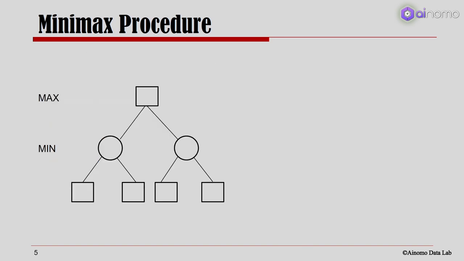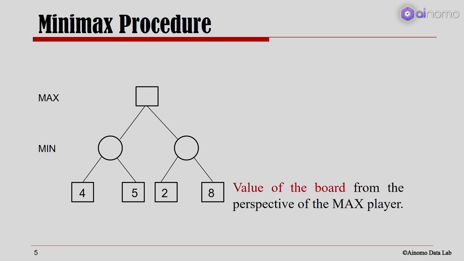So let us take a portion of a game tree and try to understand the min-max procedure. So here is the portion of a game tree, and let us put the evaluations for the leaf nodes. These values, 4, 5, 2, 8, are the values of the board from the perspective of the max player.